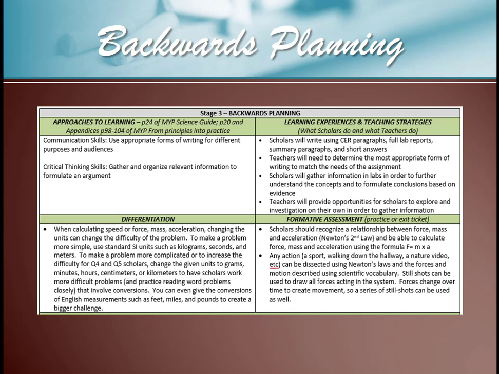To make some of those problems more difficult for your Q4 and Q5 scholars, you can use non-standard units such as feet, miles, or pounds to give them a conversion problem and have them think about how they need to change centimeters into meters in order to do this, or feet into meters in order to more accurately calculate their answer. Almost all of the formative assessments will have an element of explaining conceptually using a paragraph.